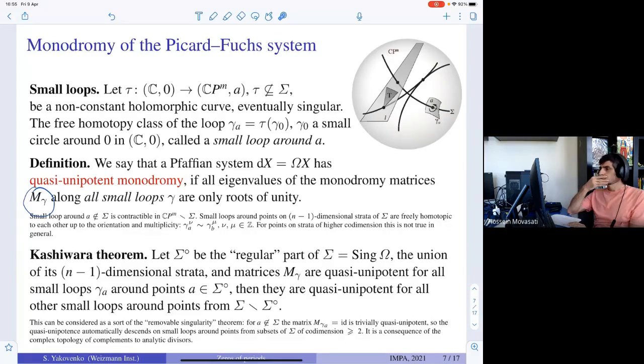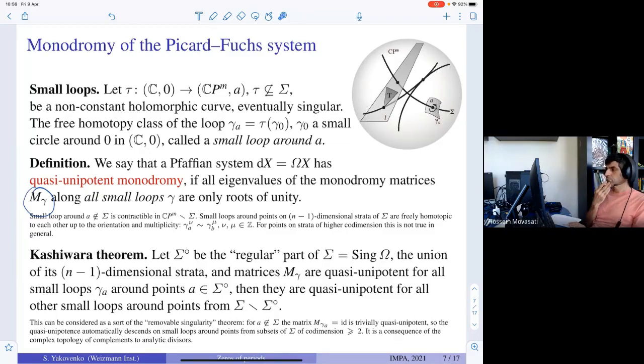And the key tool here is the Kashivara theorem, which says that you need to verify this only for small loops around main components, principal strata of the singular locus. Singular locus is an algebraic variety, so it can be stratified. It consists of the smooth parts of the divisor and also eventually some very degenerate points where you have no smoothness.